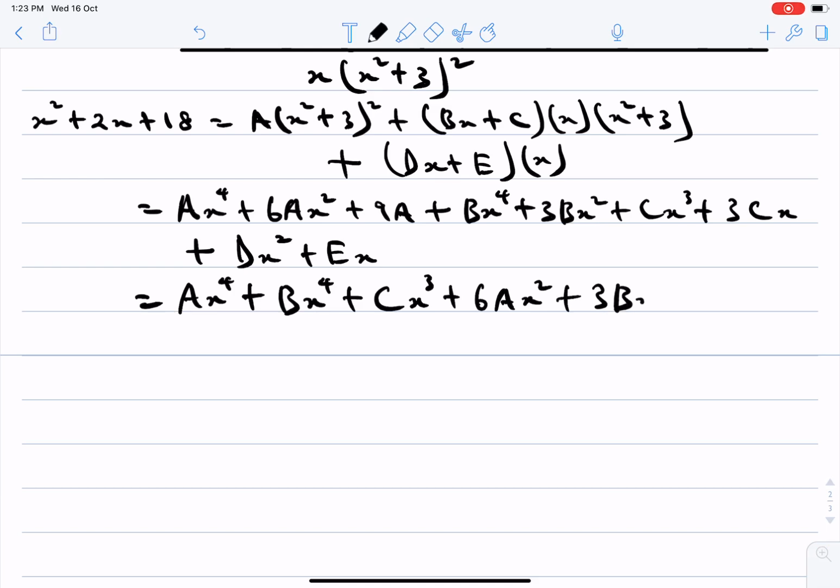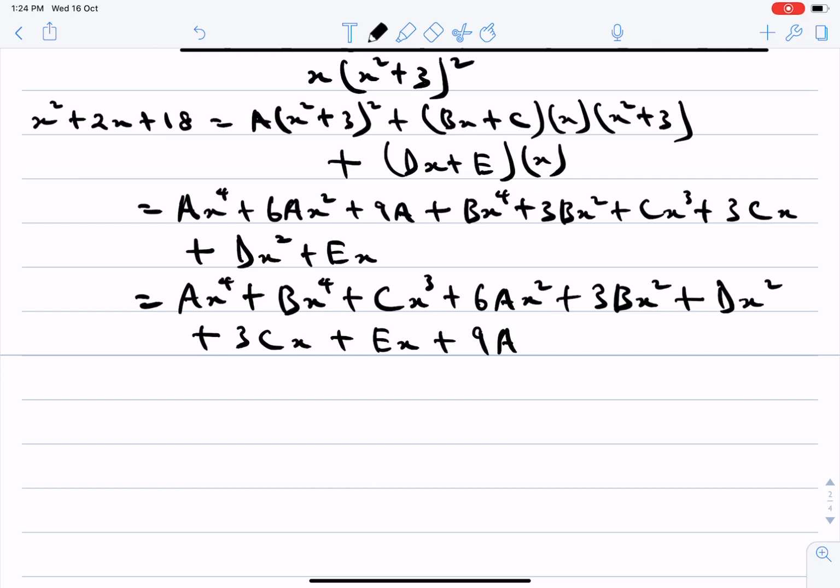You really have to be careful not to omit any of the terms or make a mistake in your expansion of the right hand side.